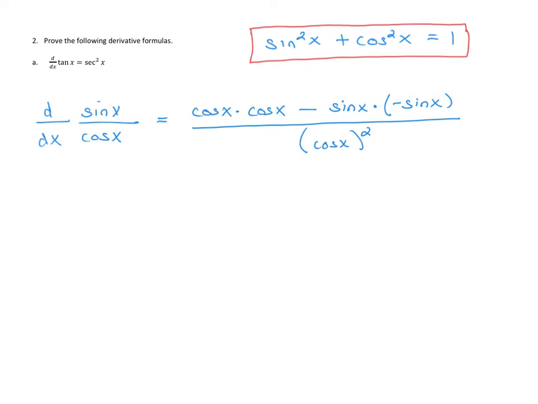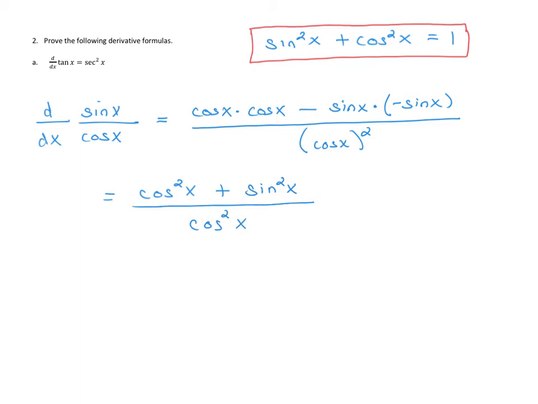All right, we have to simplify this now if we're trying to prove this formula. So what can we do? Well, cosine times cosine, I would write as cosine squared. This minus and minus becomes a positive, and we have sine times sine, which is sine squared. And this is all divided by, instead of writing cosine x squared, we'll write this as cosine squared of x.